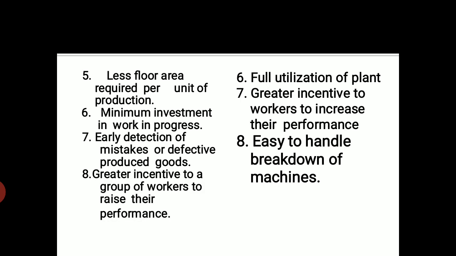Generally, when the word combined layout is used, it is always the product layout plus the process layout combined together, where the arrangement is according to the process layout, and the flow of the product from one to another. That means the sequence is maintained as we do it in the product layout. Moreover, he gets the best advantage of both these types of layout. When he does this, it is the combined layout that is selected by him.